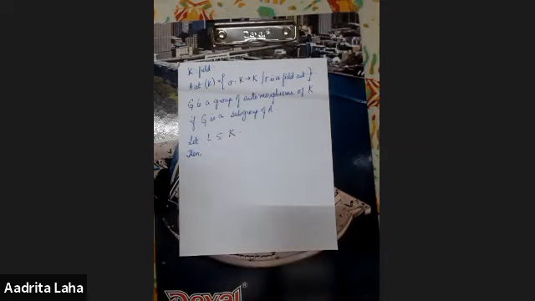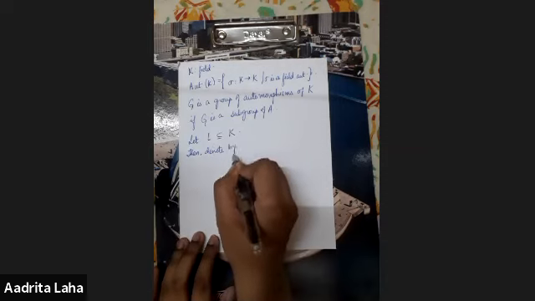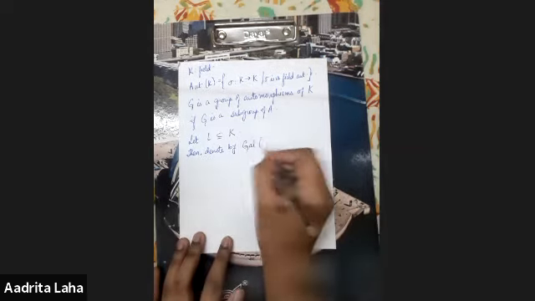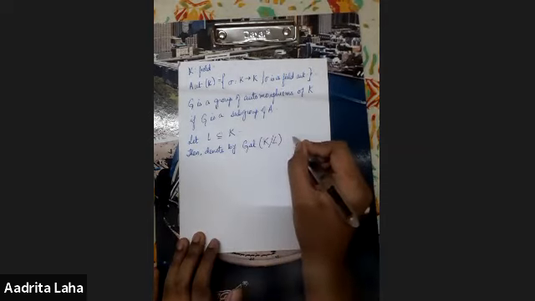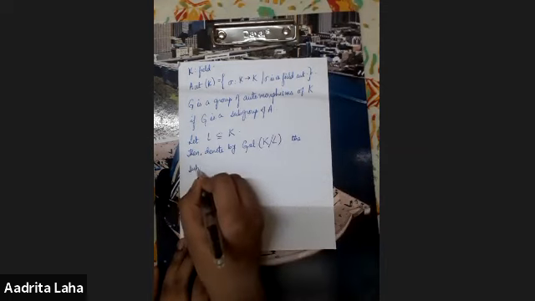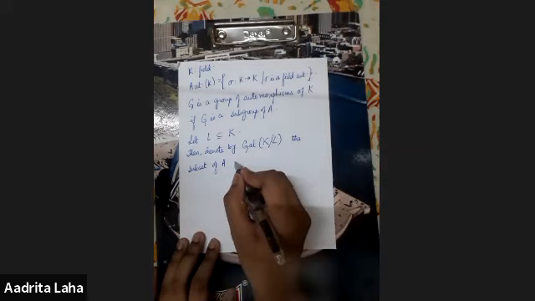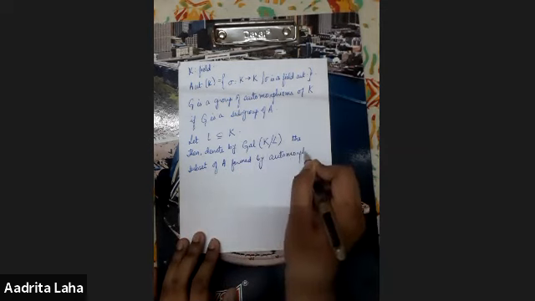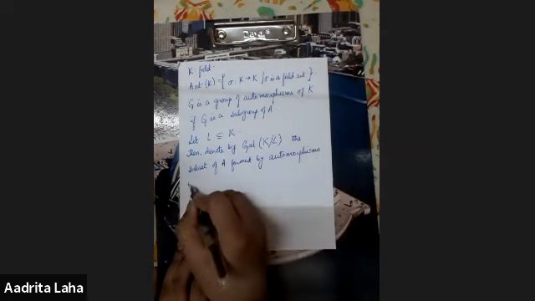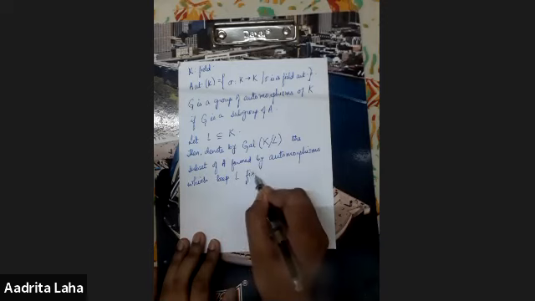we denote by Gal K over L the subset of A formed by automorphisms which keep L fixed.